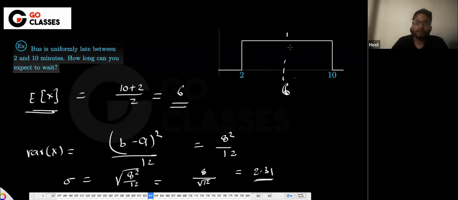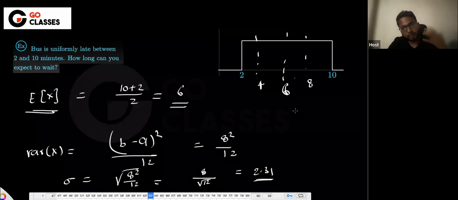मतलब कि हो सकता है कि प्लस माइनस 2, like if I just consider 2, then हो सकता है कि 4 मिनट वेट करना पड़े, हो सकता है कि 8 मिनट वेट करना पड़े. But on average, I need to wait for 6 minutes, with a standard deviation of 2, which means 6 is not fixed.